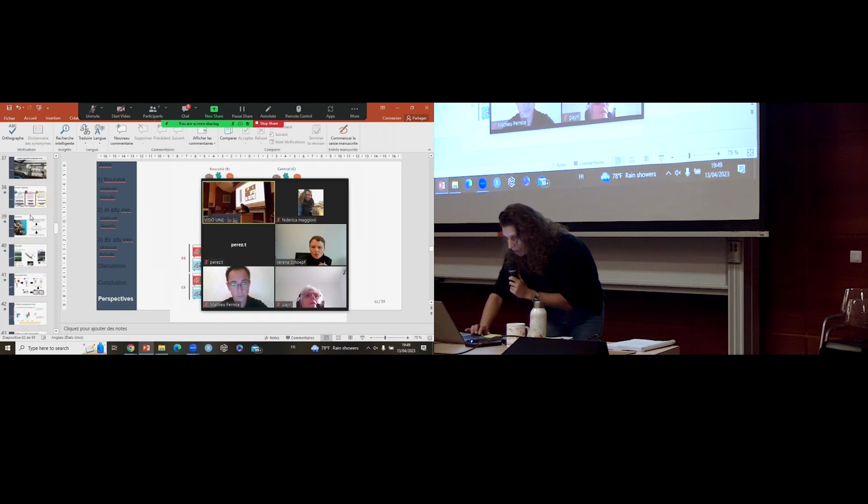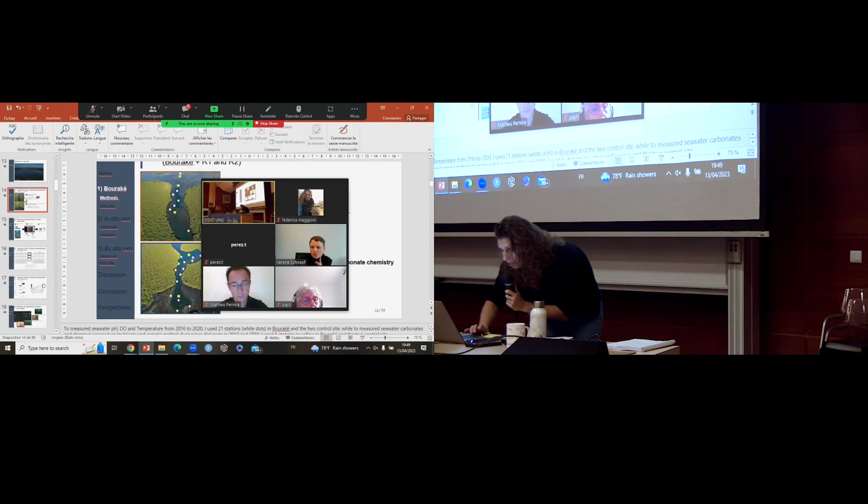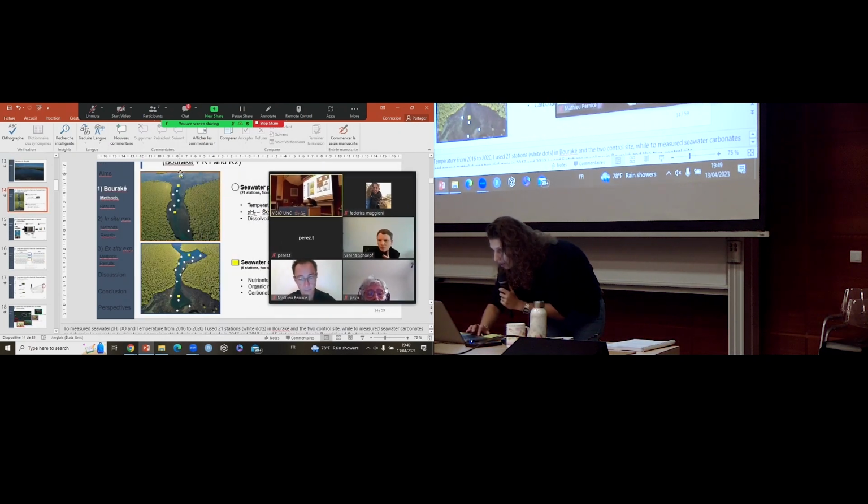So when I talk about the more outer part of the lagoon, where I found the effect also of the chemical and physical parameters, here, where you see the white dots and the yellow square, I found the same fluctuating differences that I found in Boracay.